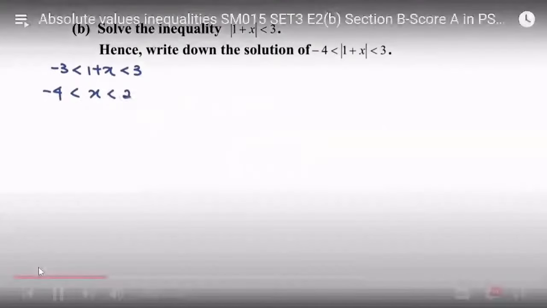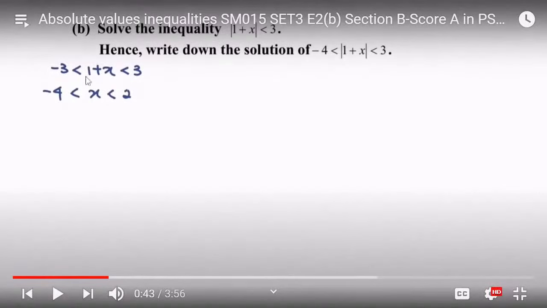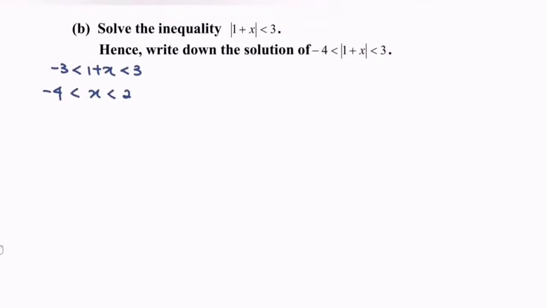Boleh? So ini adalah saya punya answer for solution set. Faham tak? For solution set. That will be the answer for modulus of 1 plus x less than 3, and the answer would be x such that the value of x is greater than negative 4 and less than 2.